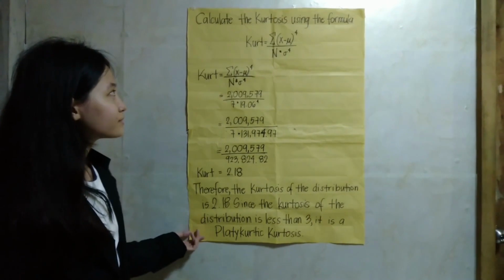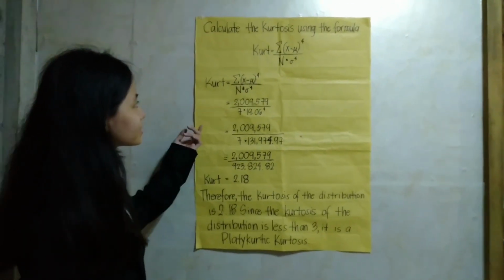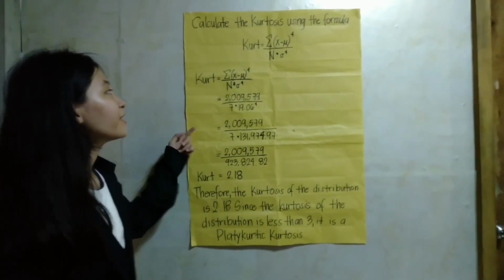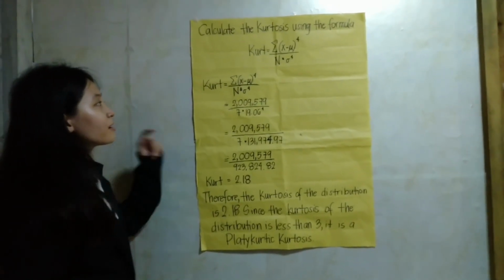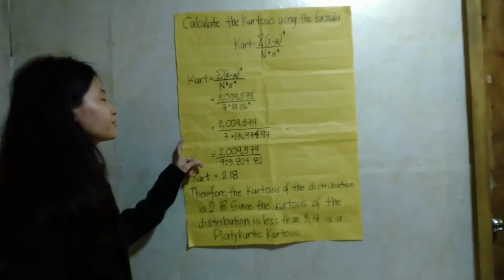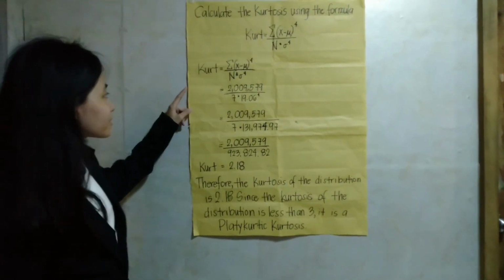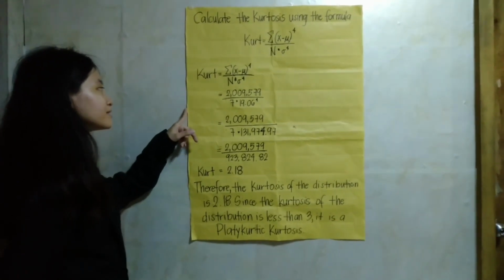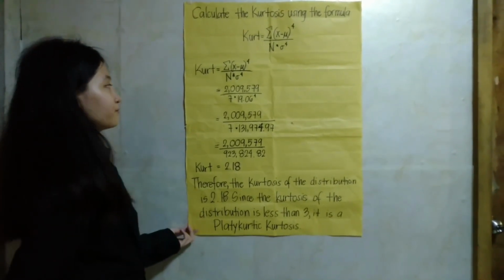Calculate the kurtosis using the formula. Kurtosis equals summation of (x minus mean) to the power of 4 divided by n times standard deviation to the power of 4.